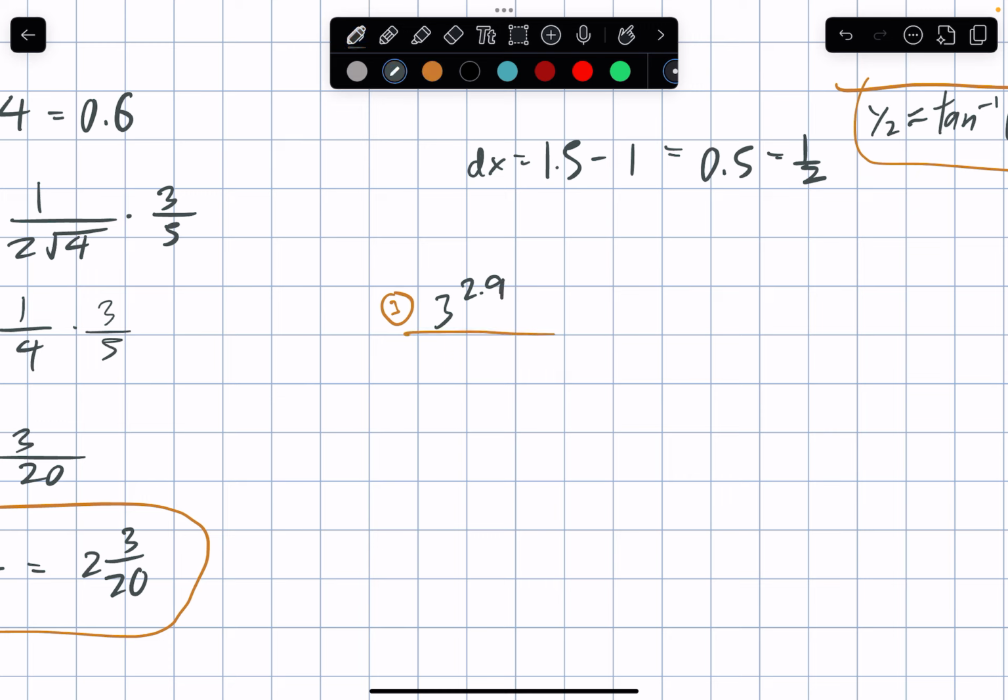How about this? So exponential. Let y is equal to 3 raised to x. By the way, how do you know whether it's 3 or 2.9 that we want to approximate? What I mean by that is, how do you know if you let y equal to 3 raised to x or y equal to x raised to 3? If you get it wrong, your solution could be destroyed.